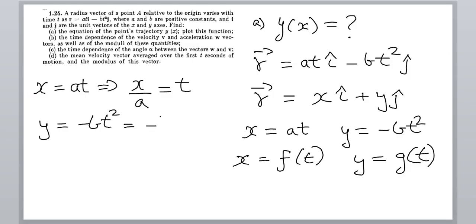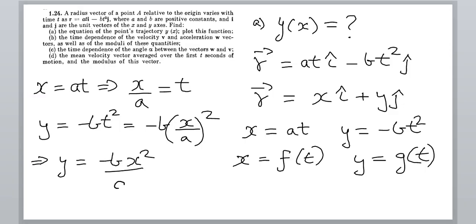So this can be written as minus b, and instead of t I will substitute x over a whole squared. So y is equal to minus b x squared divided by a squared. This is the answer to the first part. The equation of the point's trajectory y as a function of x. This is how you will get y as a function of x.